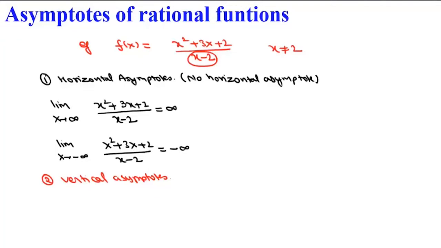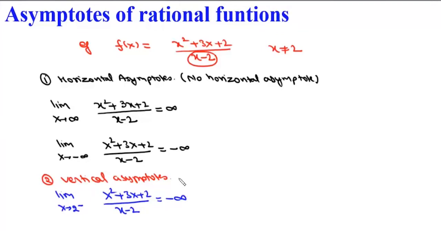We find its left hand limit at 2. So its left hand limit at 2 will be (x square plus 3x plus 2) upon (x minus 2). Now this is 2 minus h, so it will be this minus h and then this positive value. So as x approaches 2 from the negative side, this value approaches minus infinity.